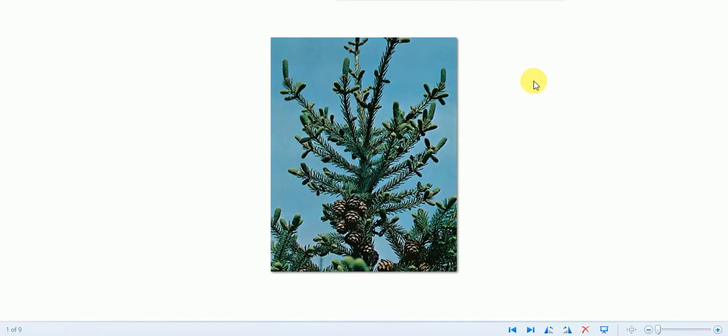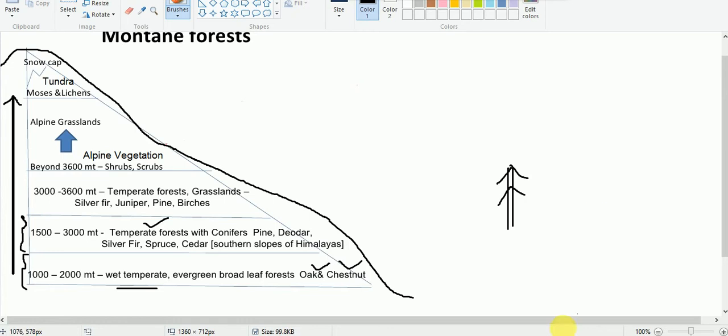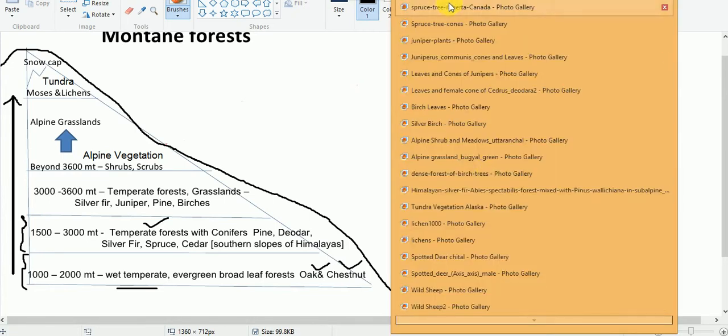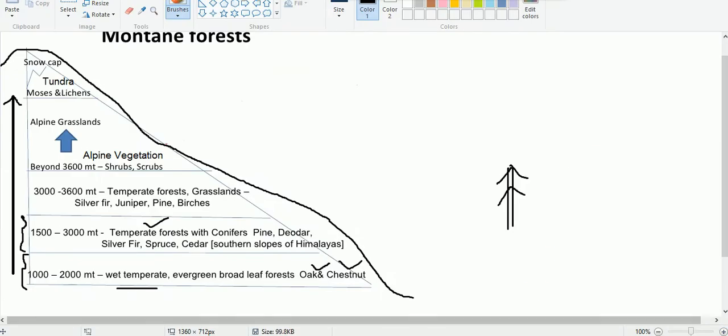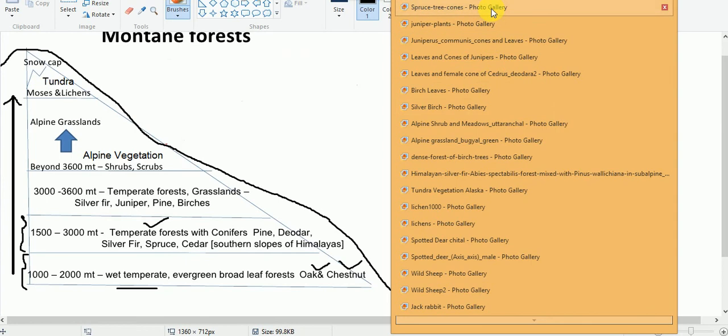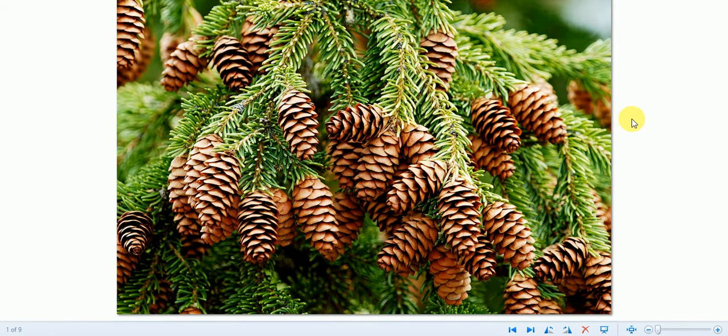Then these are leaves of the black spruce tree. See, the leaves are needle like. So this is a photograph showing spruce tree. This is an ornamental tree. And this is a photograph showing the spruce tree cone and leaves.